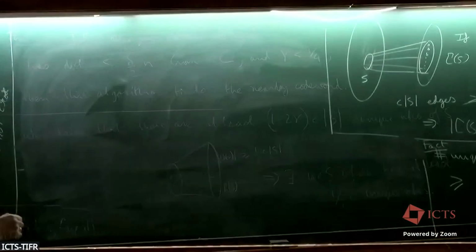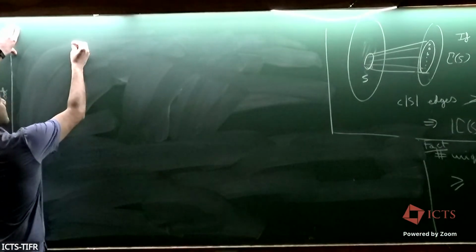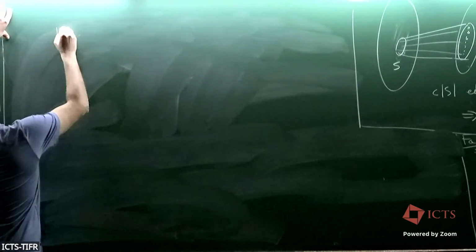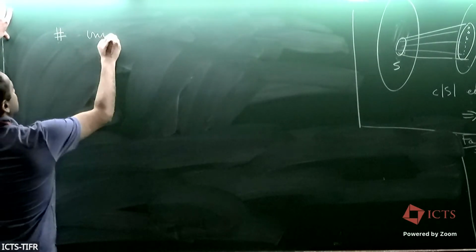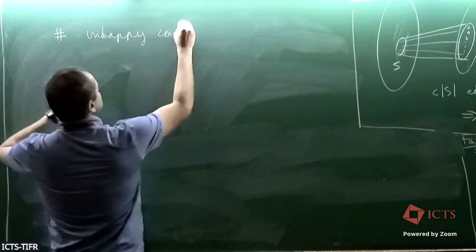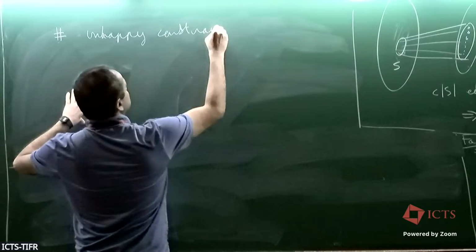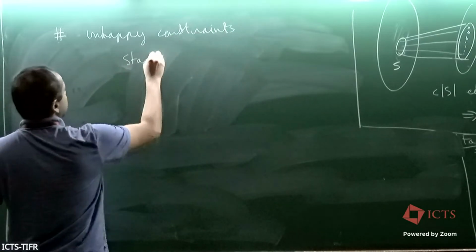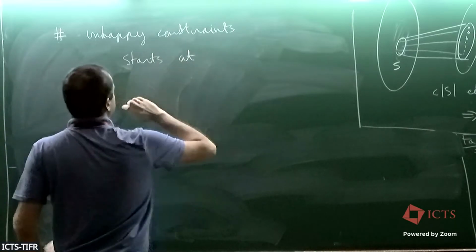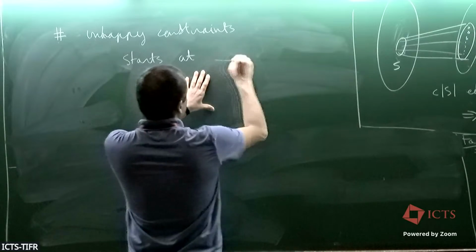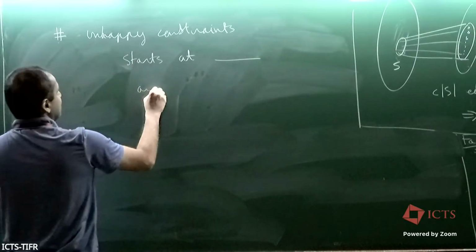So let's sort this out properly. The number of unhappy constraints starts at something, okay, we'll talk about that, and strictly reduces.